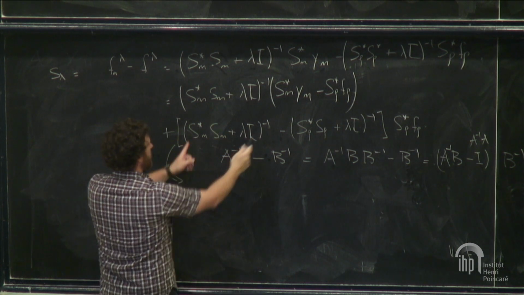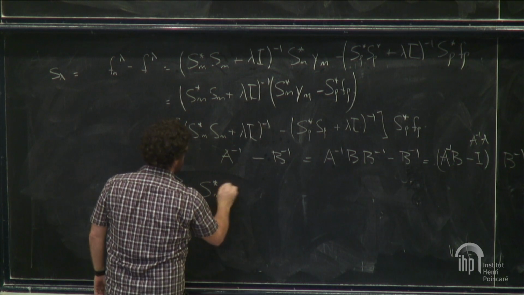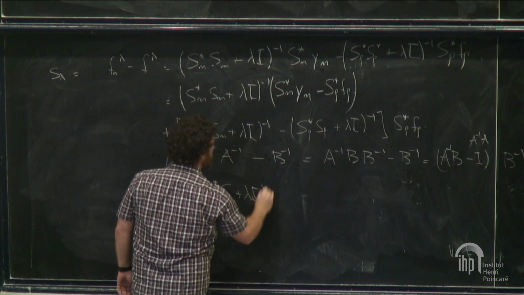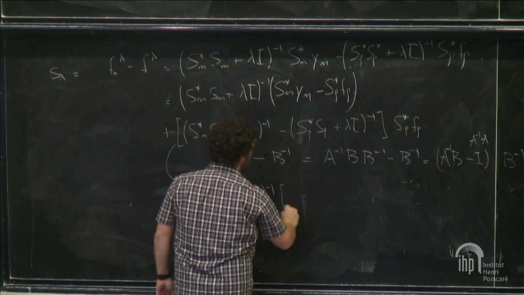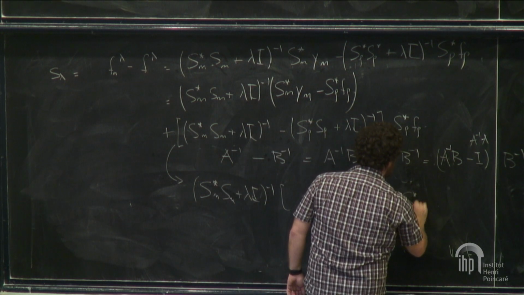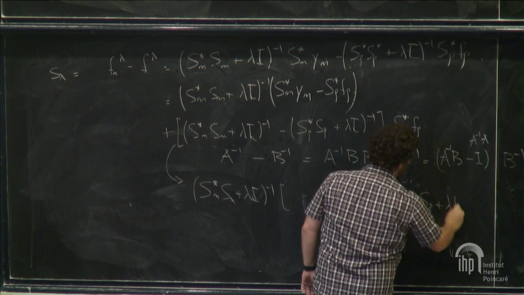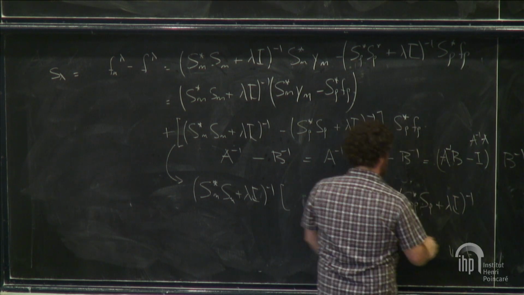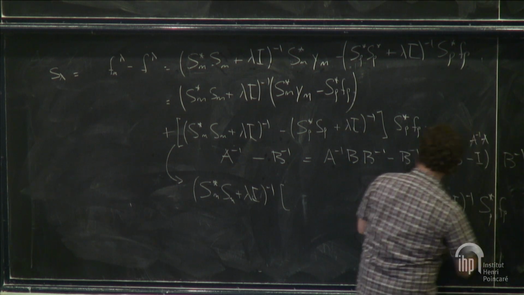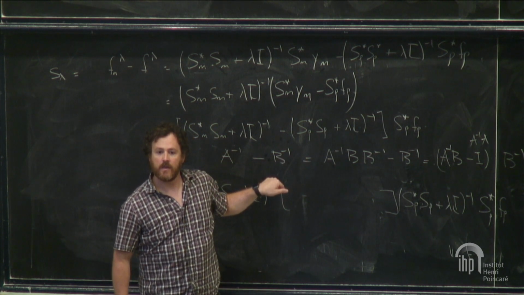I'm going to get A minus 1 plus lambda I minus 1, and then I get B minus 1, and then I get B minus A. Okay?